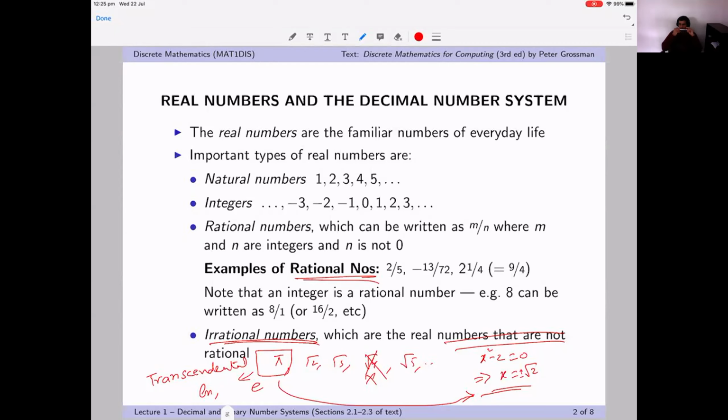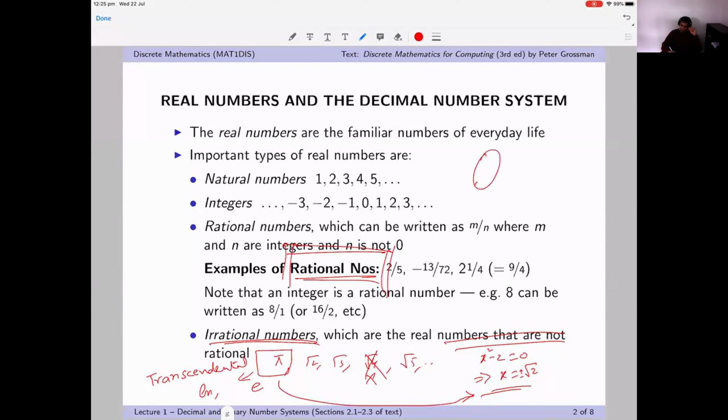Are irrational numbers more than rational numbers, or are rational numbers more than irrational numbers? Is it a trick question? It's not a trick question, it's a genuine question. I think there'd be more rational numbers.